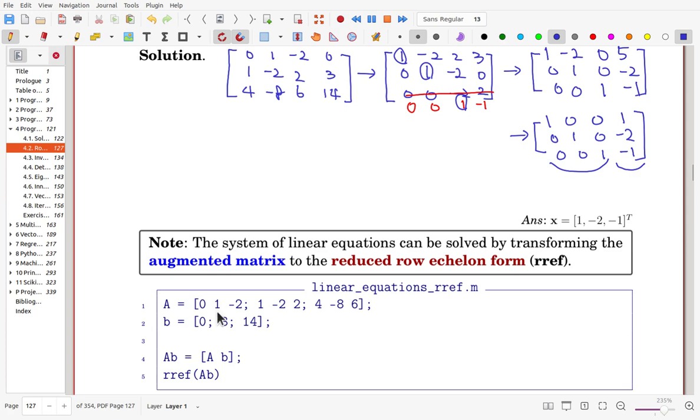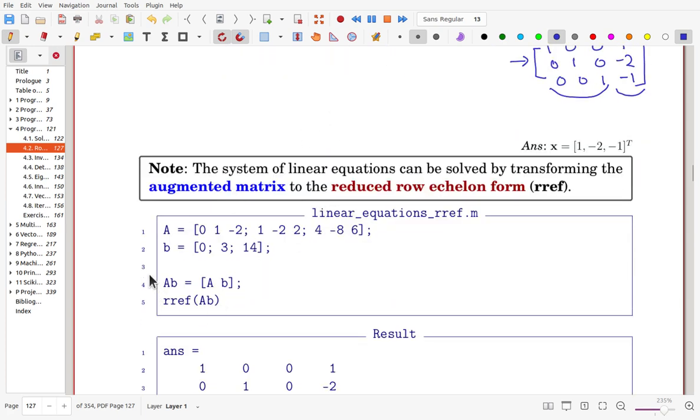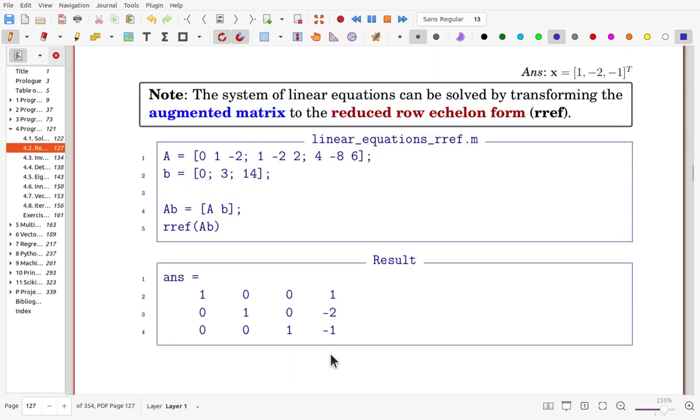Here A is defined in the same way, and B is the right side, and we get the augmented matrix AB and find its reduced row echelon form. Now the result is given in this way, so we can find the solution in the last column.